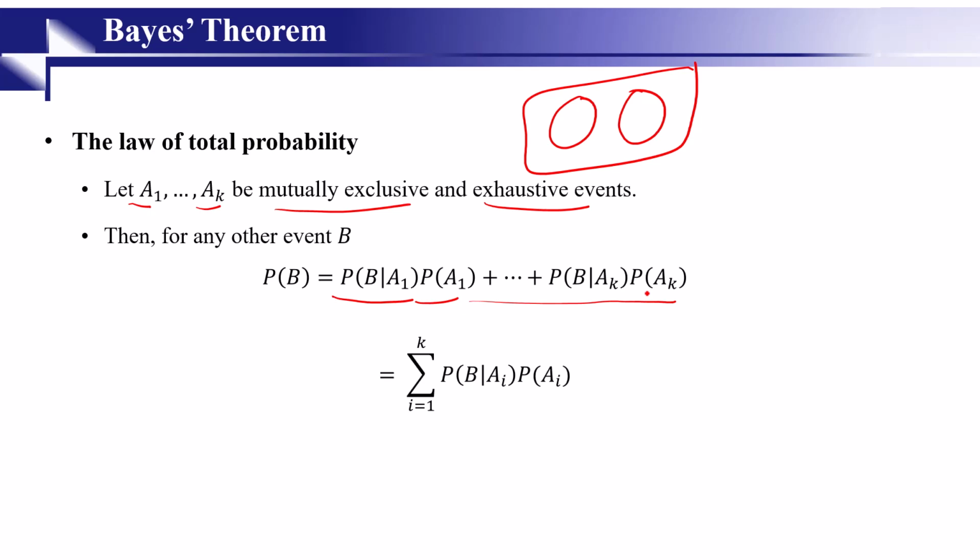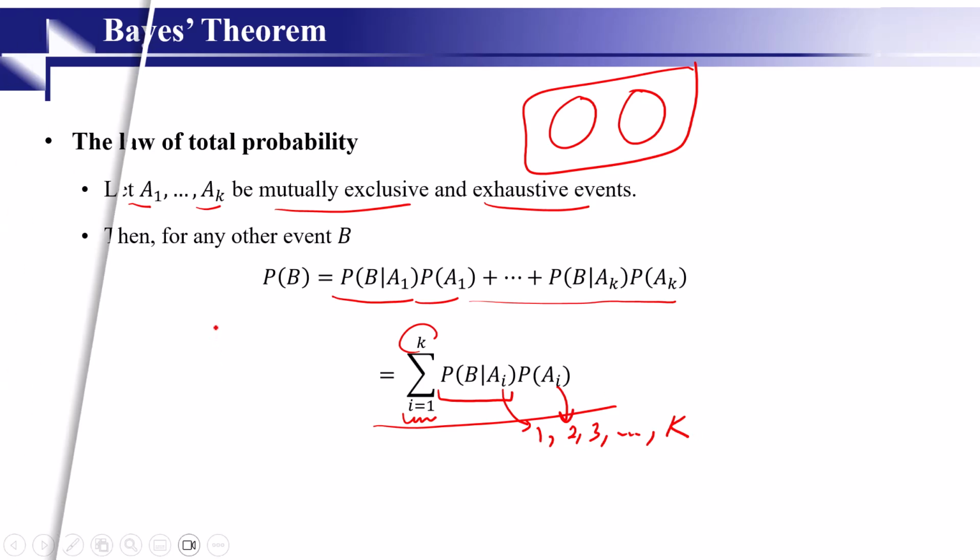Think of this as breaking B into pieces based on these conditions. The formula is this nice sum here that we can see. It will be the sum over i from 1 to k of probability of B given Ai times probability of Ai. It means i can be 1, 2, 3 up to k. This is how the law of total probability works.